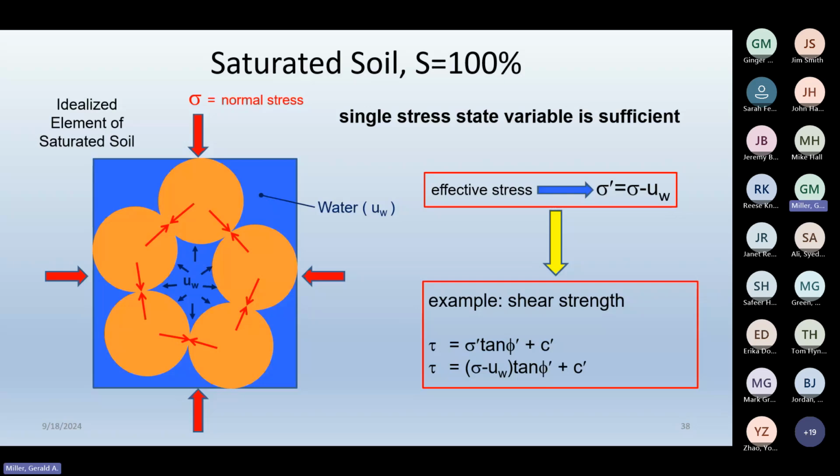Well, if you think about soil behavior, shearing resistance, for example, or compressibility, if I try to shear this mass, in order for the particles to move and shear, we have to overcome the frictional resistance at these contacts. The higher that normal stress between those contacts, the higher the frictional resistance.